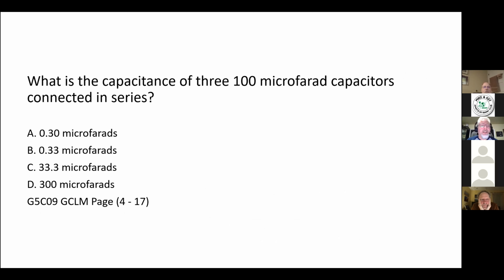What is the capacitance of three 100 microfarad capacitors connected in series? A, 0.30 microfarads, B, 0.33 microfarads, C, 33.3 microfarads, or D, 300 microfarads?